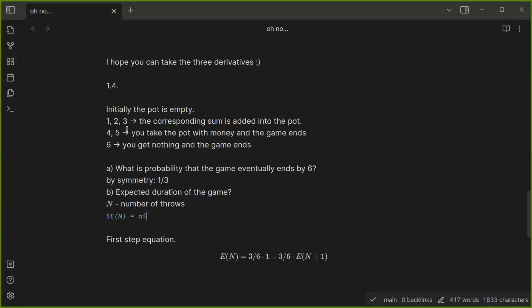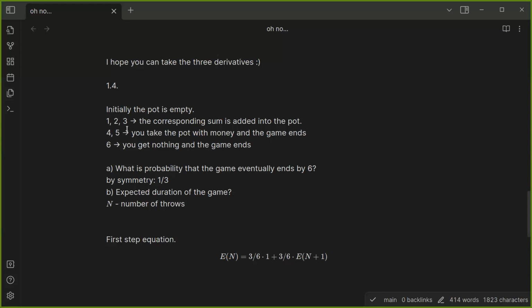Okay, first step equation. Expected value of n: with probability 3/6, the game ends in one move. With probability 3/6, I do one move, I go back to the initial situation. I have more money in the pot, but when we speak about the expected duration of the game, money in the pot is irrelevant for our expected value. And n is increased by 1.